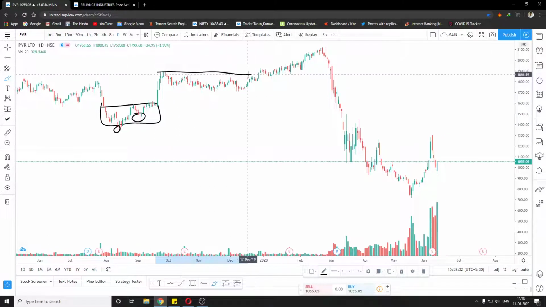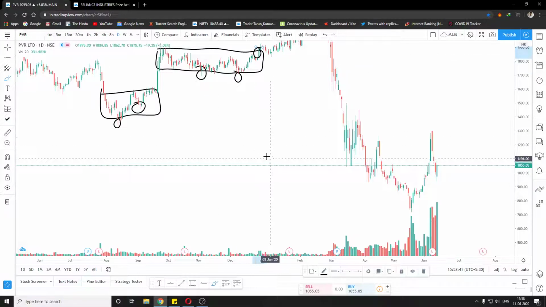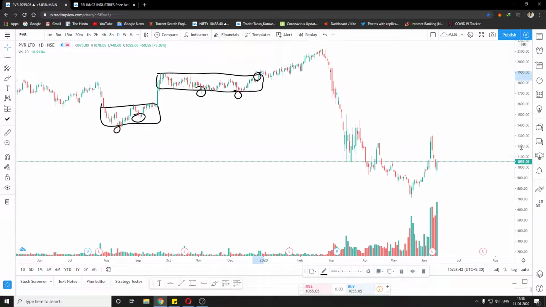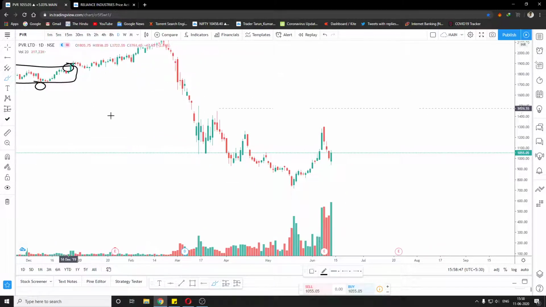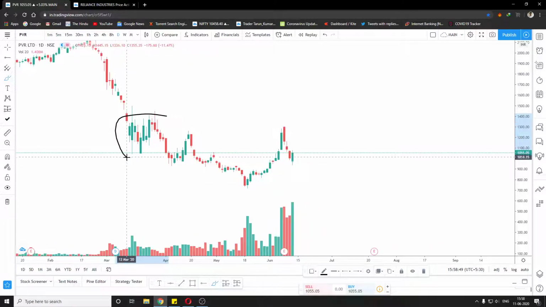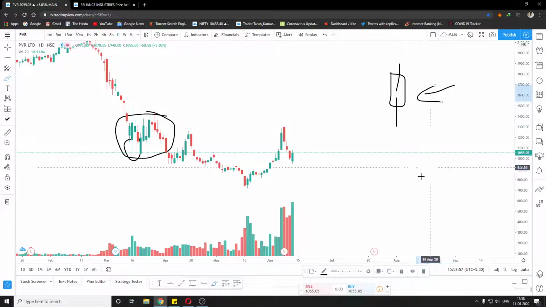Now we have this accumulation, lower wicks, and then a breakout to the top with this candle. Then we have this downtrend because of the corona, and there is some accumulation here, and this is a doji candle. It has wicks both to the top and the bottom, so there is pressure on both sides.